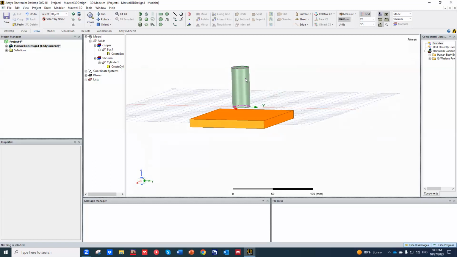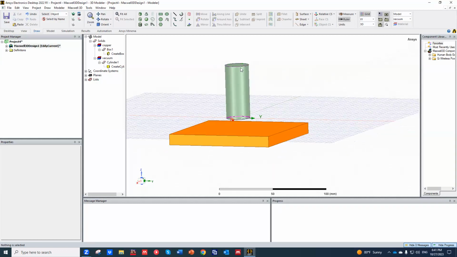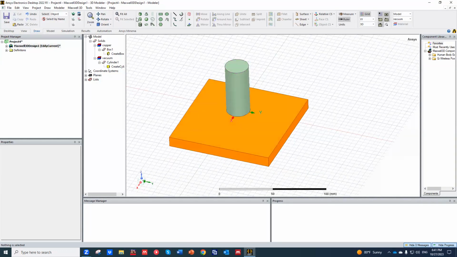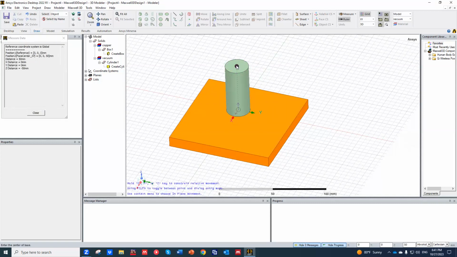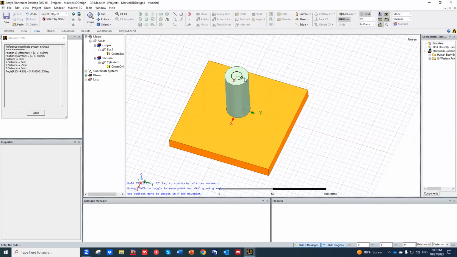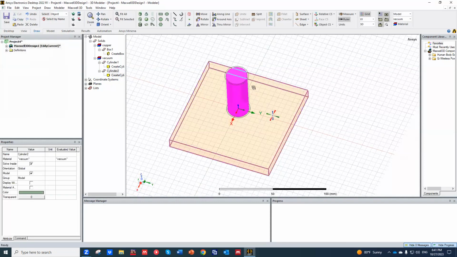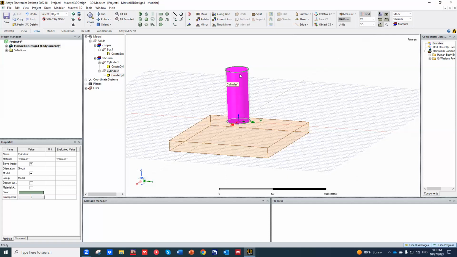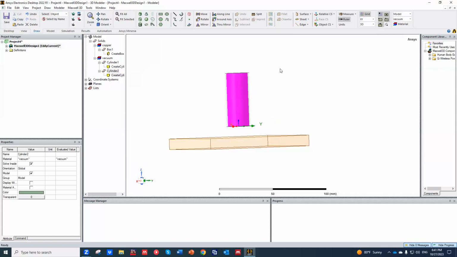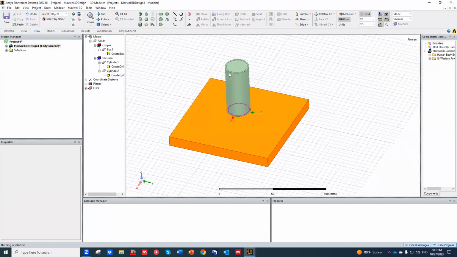And in order to make it look like a coil, I need to draw the inner area here, like this. Okay, and subtract the second one from the first one.